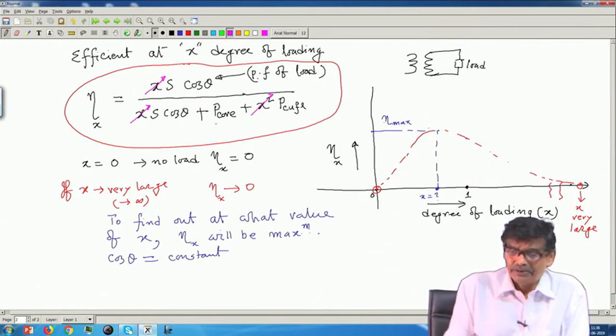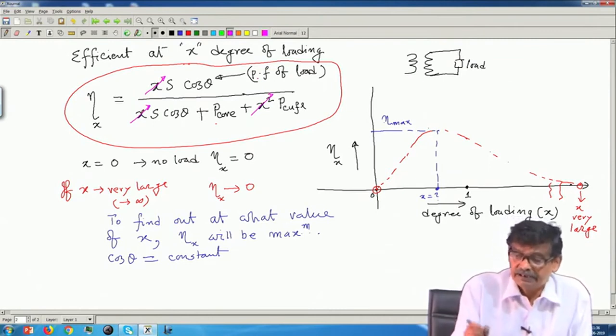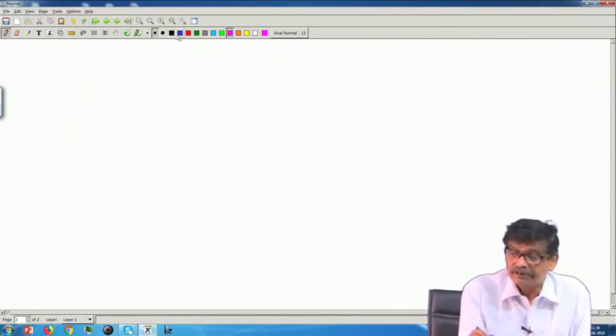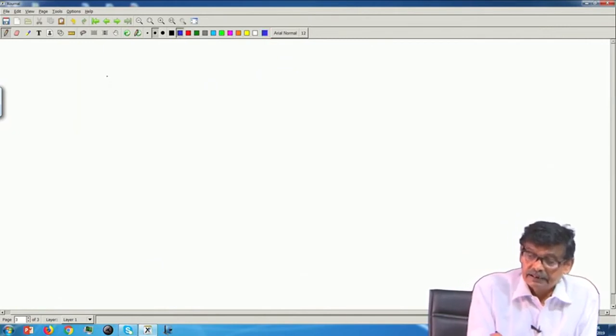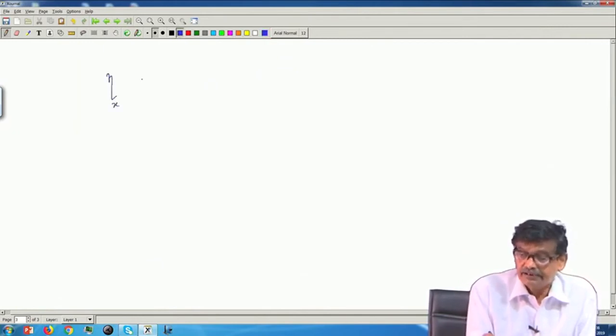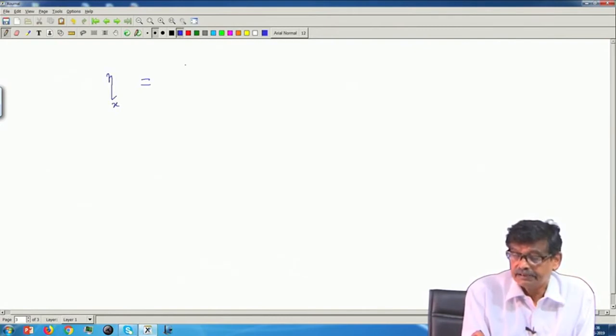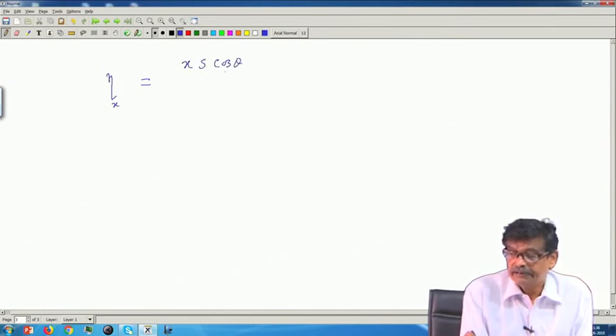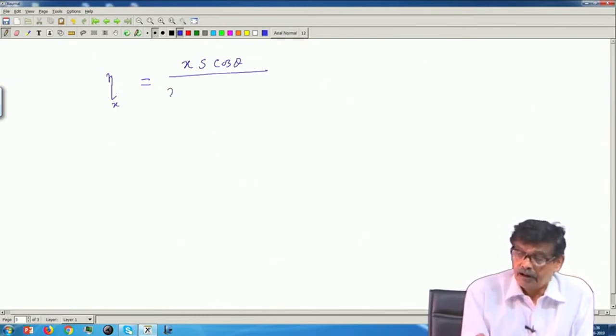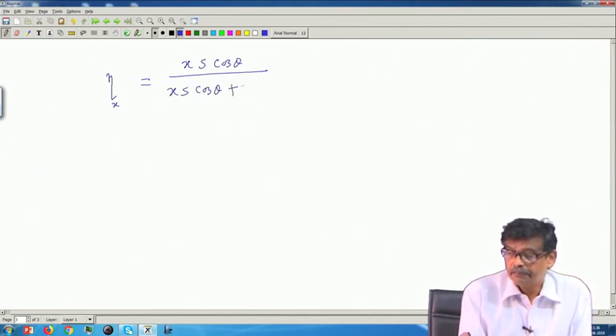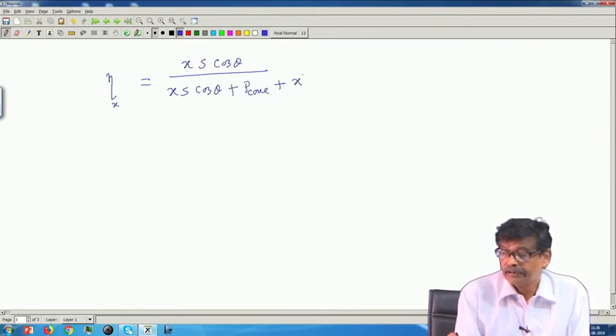To find out that one is pretty simple, because I will just maximize this function. So, I will start by telling that eta at any degree of loading, I am rewriting this, is x S cos theta divided by output once again x S cos theta plus P core plus x square into P_CU full load.